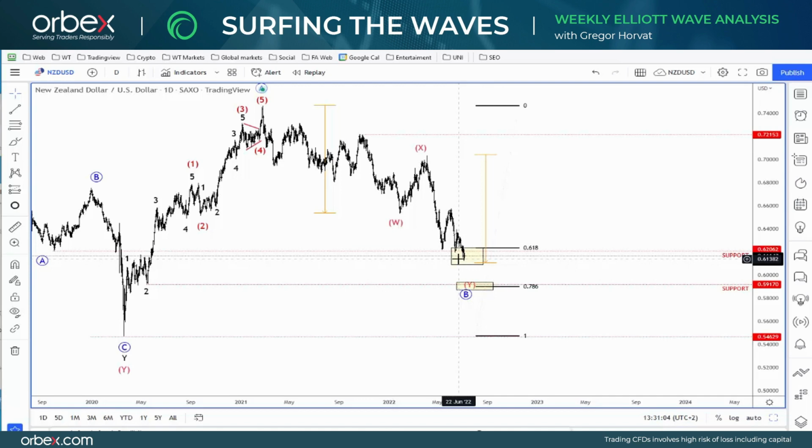So more hikes is probably closer to recession, especially if economic activity is not doing so well like lately. So that's the first support. The second support on Kiwi here is around 78.6%, so still plenty of room for potential further sell-off.